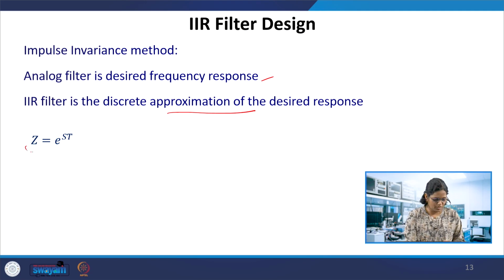The mapping used is z equal to e power sTs, so s is replaced using that relation. That mapping between e power sTs and z we will see in the next class, but the mapping used is z equal to e power sTs.